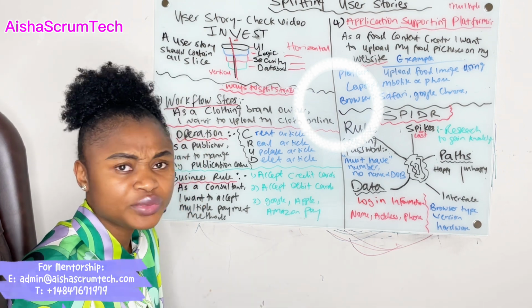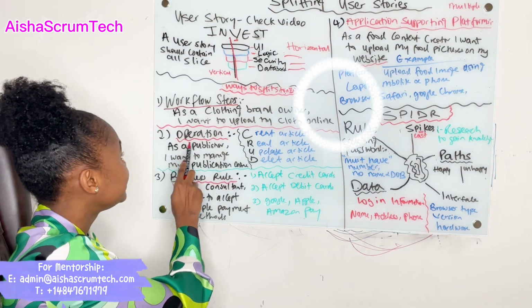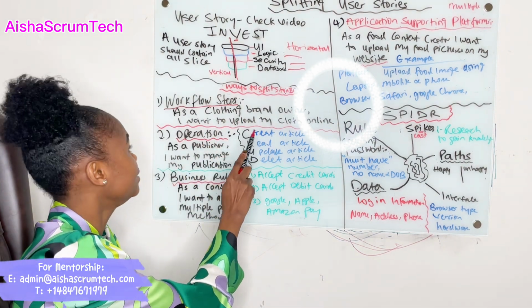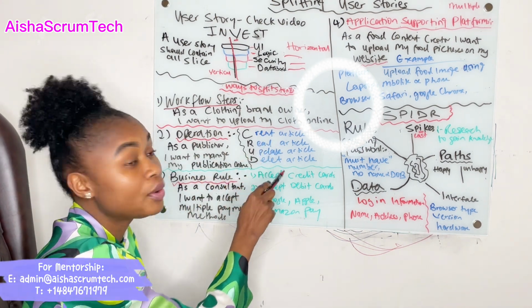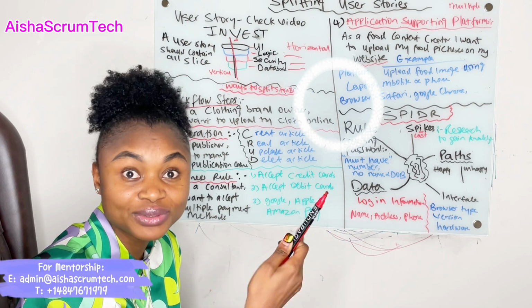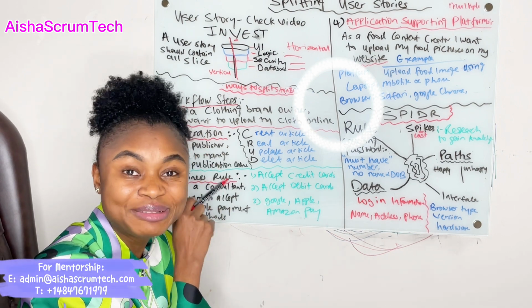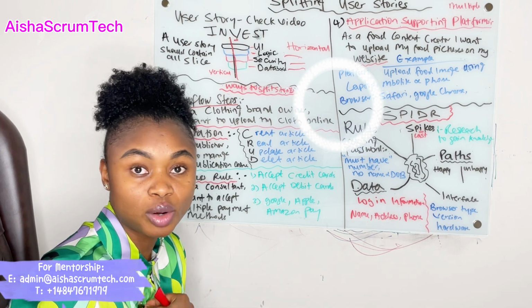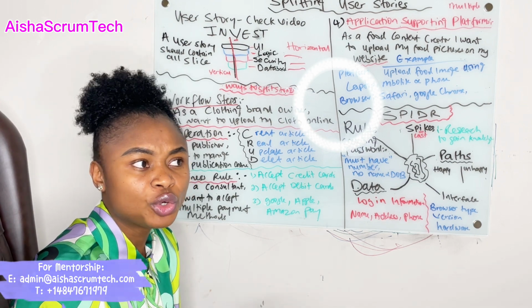So the first example I have on my board is, as a clothing brand owner, I want to upload my clothes online so that I can sell them, right? So this clothing brand owner would like to upload their clothes online so that they can sell.